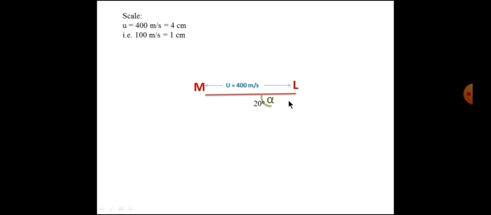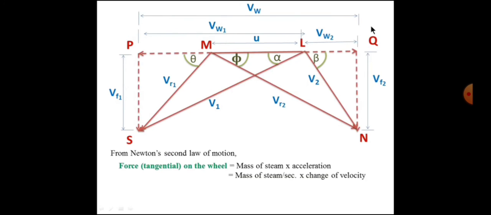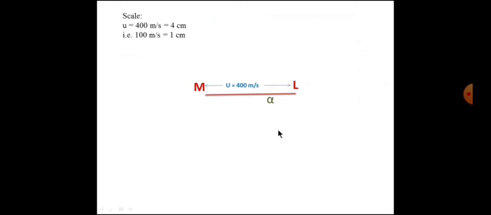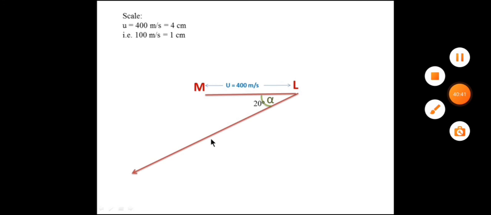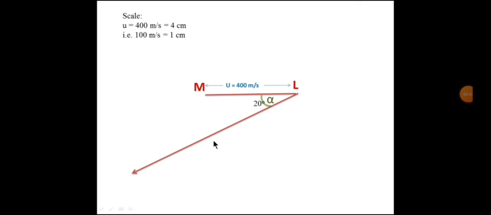Now the length of the segment drawn on this line from point L will be equal to the value of velocity V1. V1 is given as 1200 meter per second. So here we will get a point S, and this segment LS is equal to 1200 meter per second.